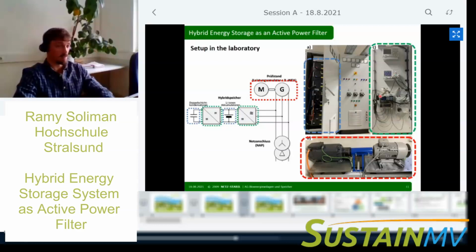And there's also a rapid prototyping platform called MicroLabBox from dSPACE, in which you can implement the control algorithms via Simulink. This is basically the brain of the whole system. With the help of the MicroLabBox software, the so-called ControlDesk, every parameter can be measured and changed at any time online. So it's very good for rapid prototyping.